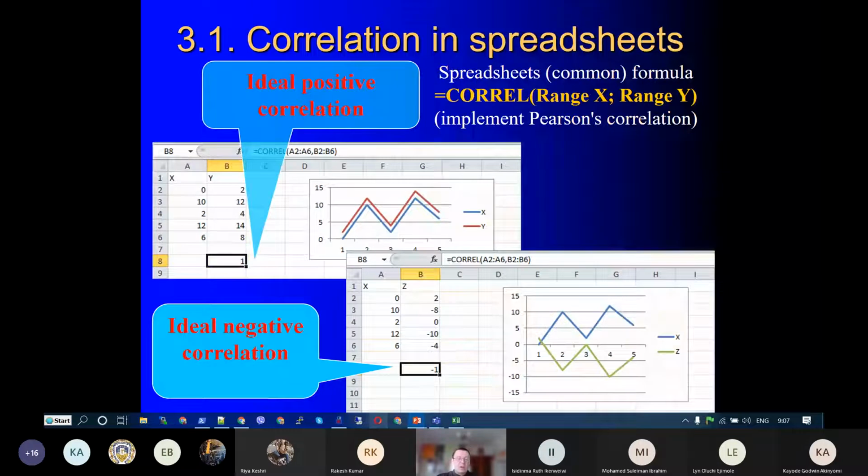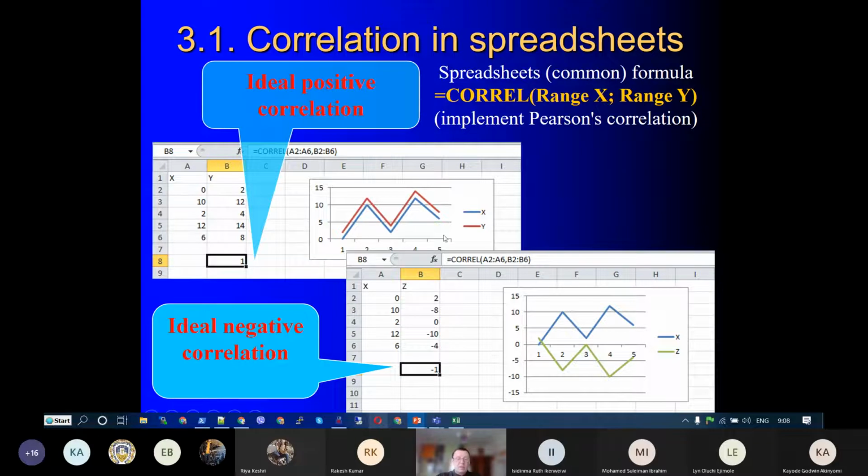And if we try to use a spreadsheet for correlational analysis, here is an example of ideal positive and negative correlation and usage of the CORREL function, which expects two arguments, ranges for the x and y variables. Every time it's important to understand that the built-in CORREL function implements Pearson correlation, so it provides a valid result only if your data is normally distributed.